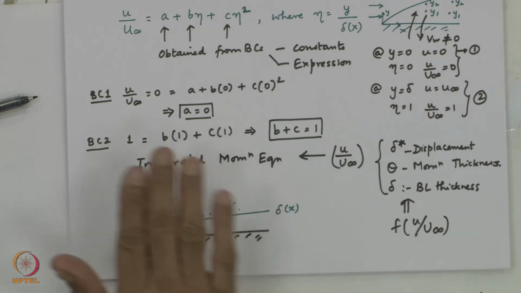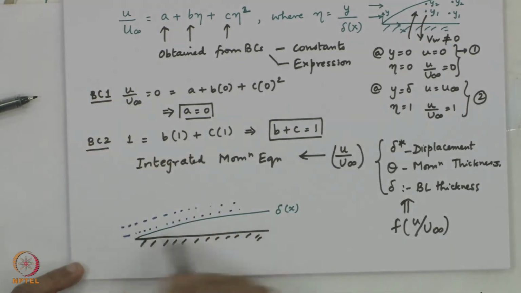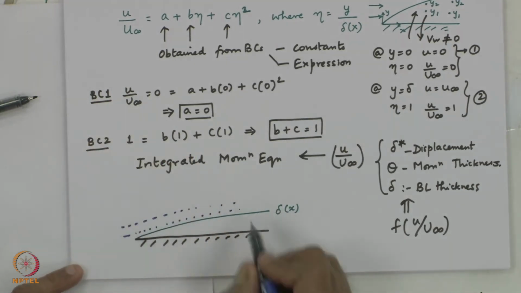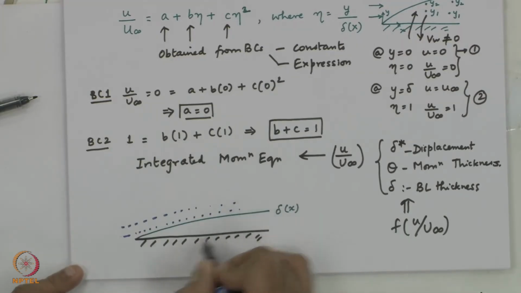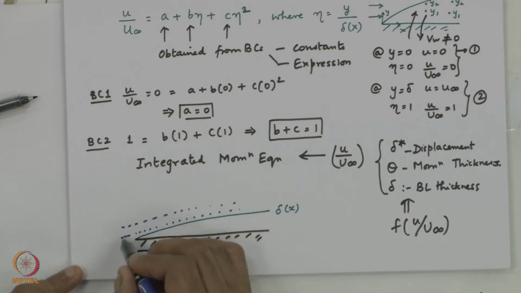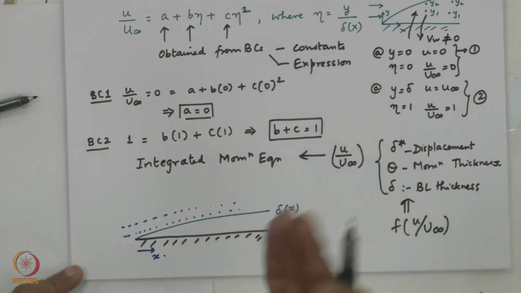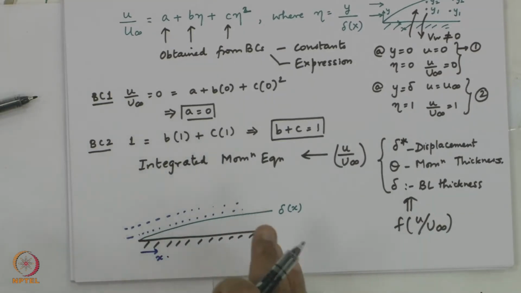If there were no boundary layer, all the streamlines would be parallel to the plate, but because there is a boundary layer whose thickness is increasing along the flow direction, the streamline here is deflected by a small amount, and that deflection from the wall, which is there because of the boundary layer, is called the displacement thickness.